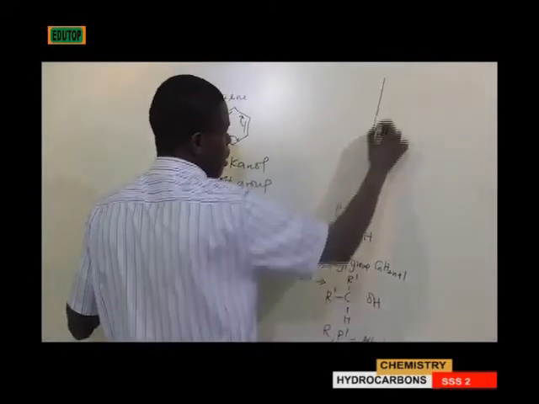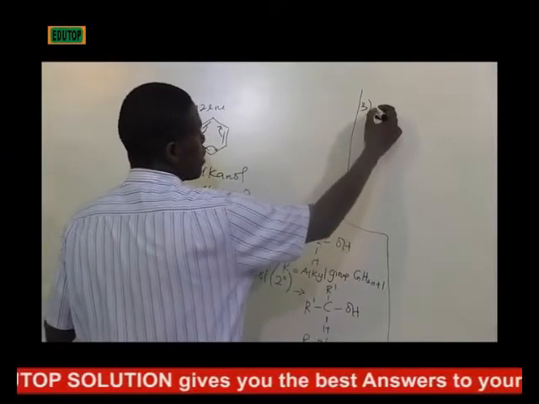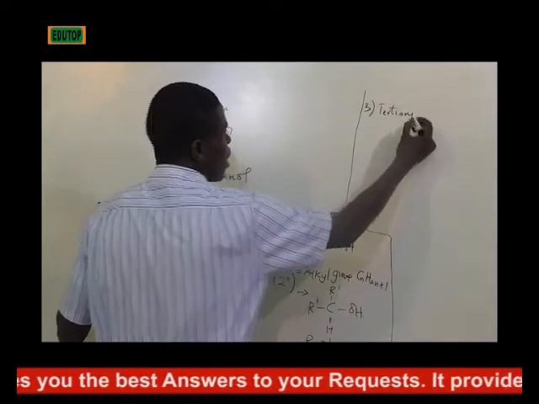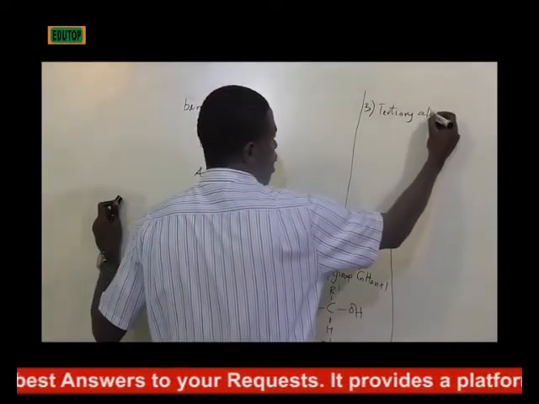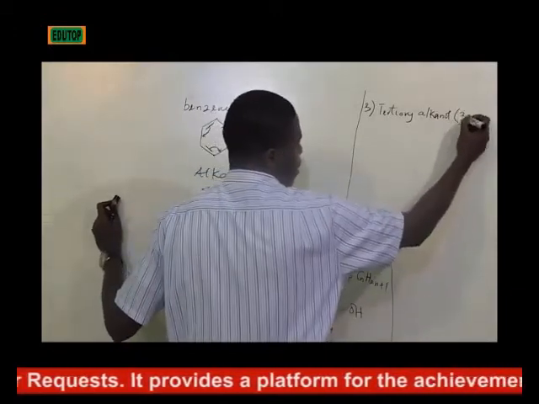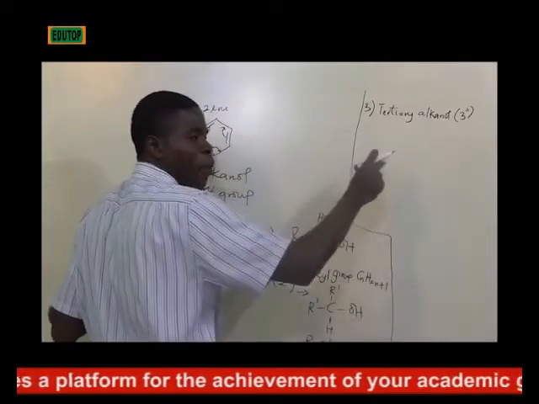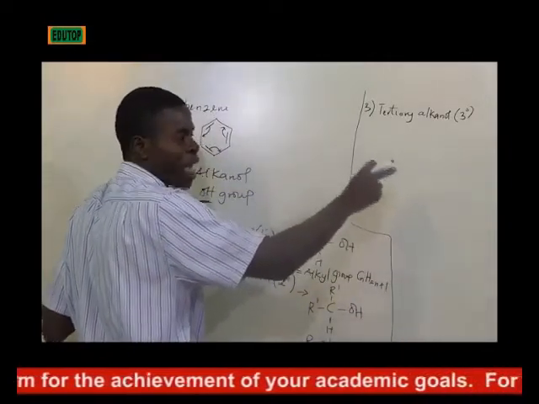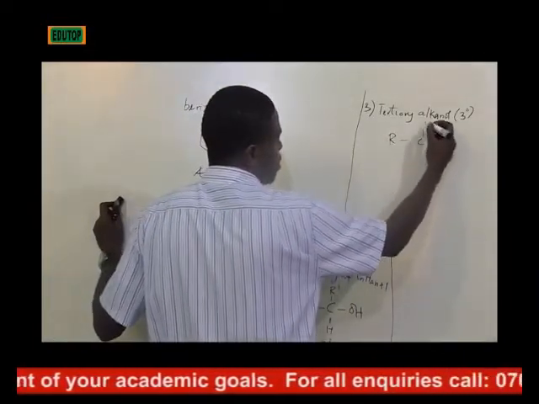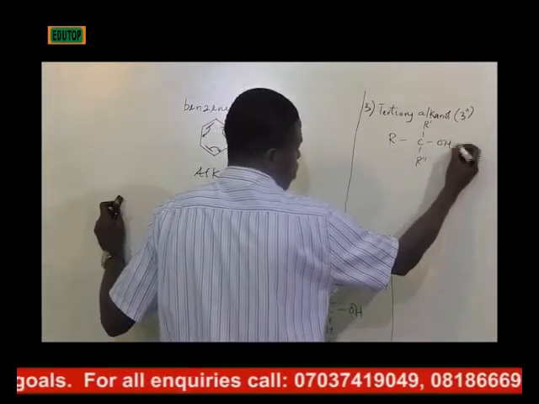Then you have the third one, which is tertiary alkanol, denoted by 3 degree. Here, the carbon atom to which OH is attached has no hydrogen atom, and that can be demonstrated as this: R, R prime, then OH.